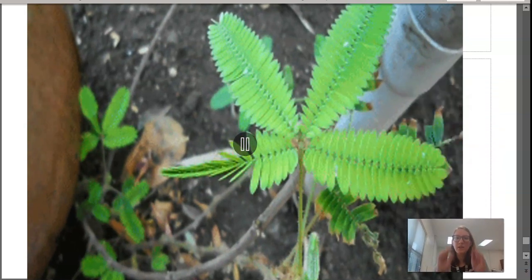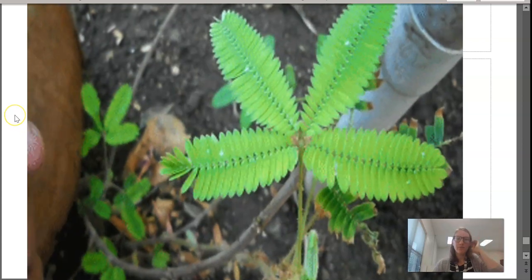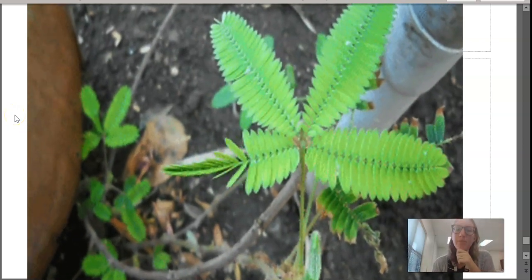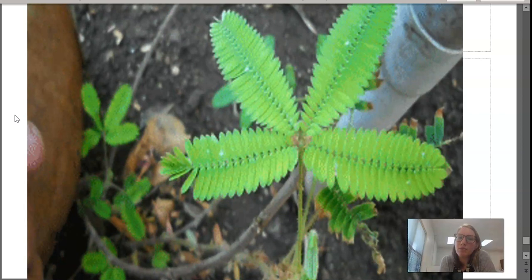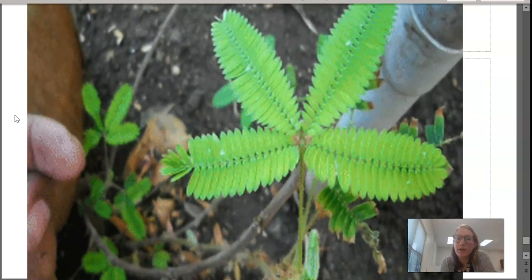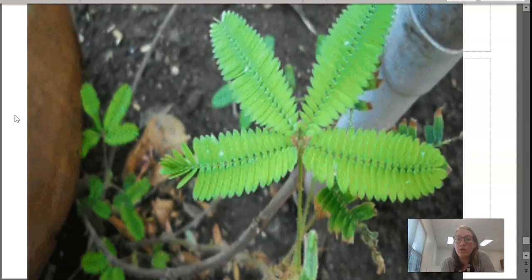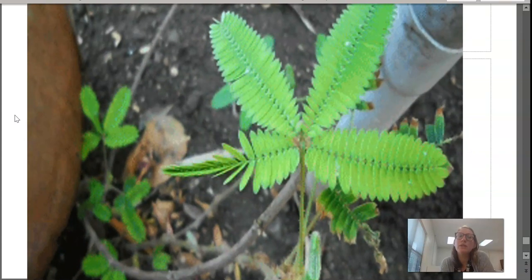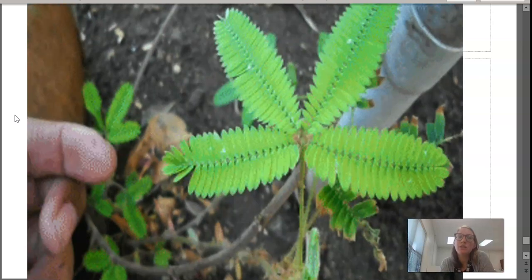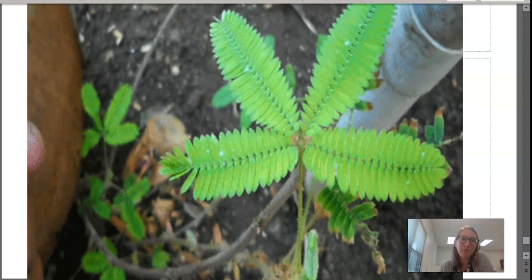This plant is considered living. It has all of the characteristics of life, and it even responds to stimulus. Not all plants react this quickly to a stimulus, but there are some ferns that do this, where you can touch it and it will move. So plants, even if they move really slowly or respond to a stimulus in a different way than what we're used to seeing, they're still considered living.